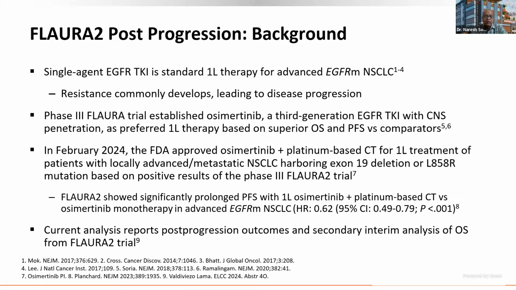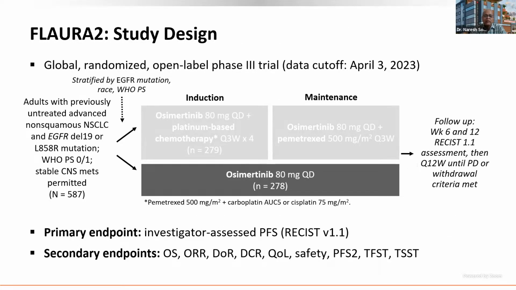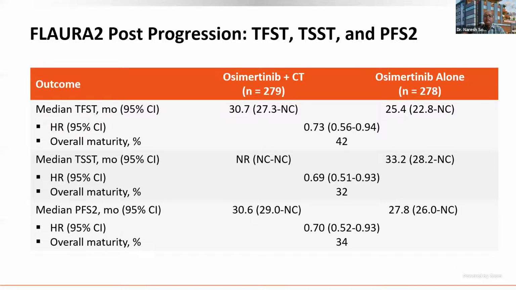That is about the FLORA 2 post-progression analysis, and we know that it is chemo 4 cycles plus osimertinib concurrent to start with in the EGFR positive patient, whether it's the DEL19 or L858R mutation, followed by osimertinib as well as pemetrexed maintenance. That was this particular trial, and the primary endpoint was the PFS. Now the post-progression time for the first subsequent therapy and time for the second subsequent therapy in the PFS, that is the post-progression analysis, was done.